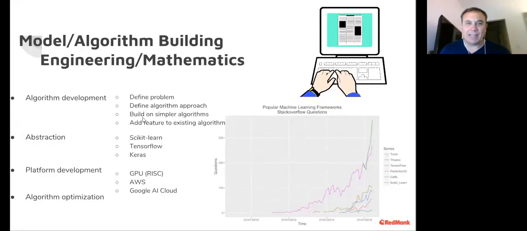And I guess the next part, are we going to build on a simpler algorithm? Like for instance, go from a simple tree algorithm to a boosted tree. That's where you're taking a very simple algorithm and making it more complicated. Or are we going to take an existing algorithm and add to it?